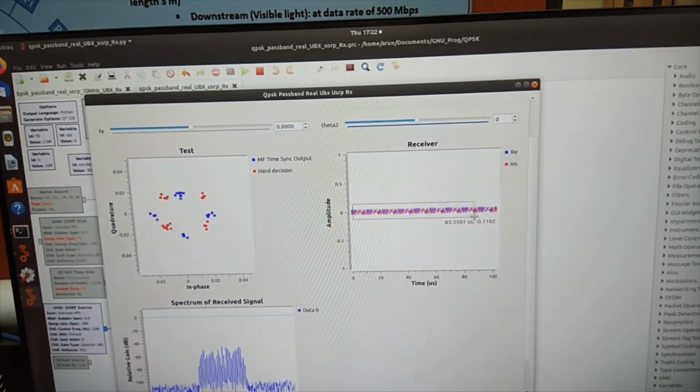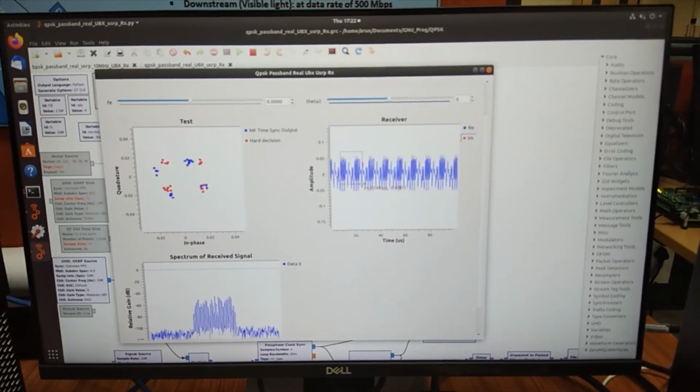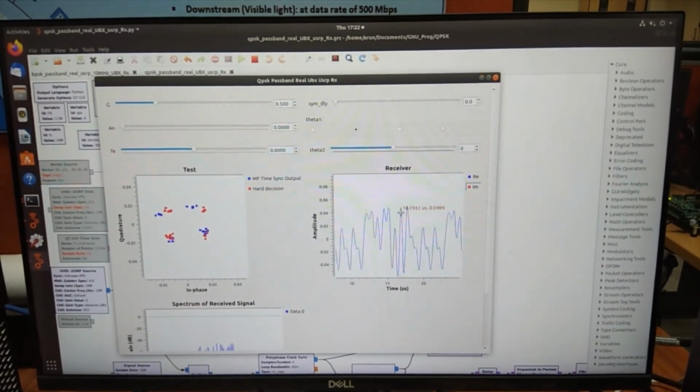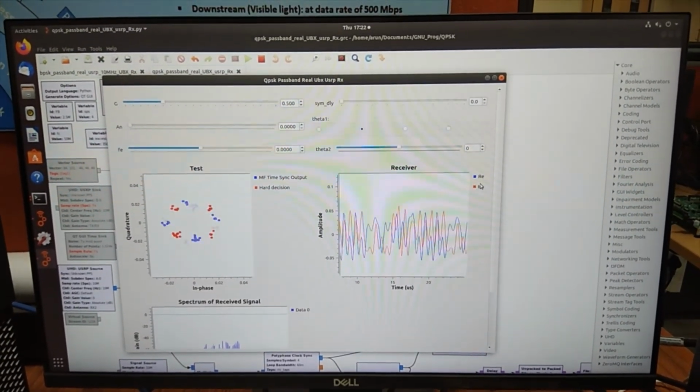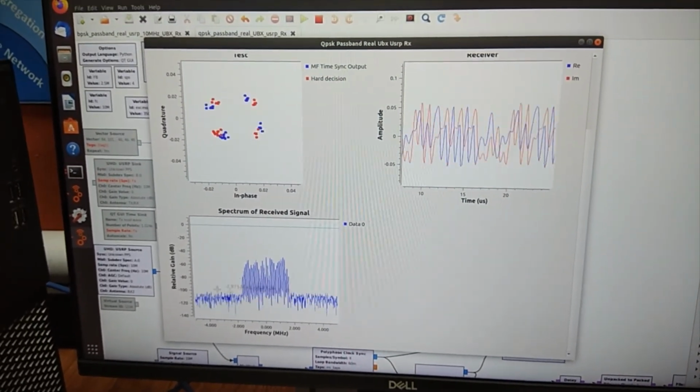And these are the received waveforms of the QPSK modulation scheme, and this is the respective spectrum.